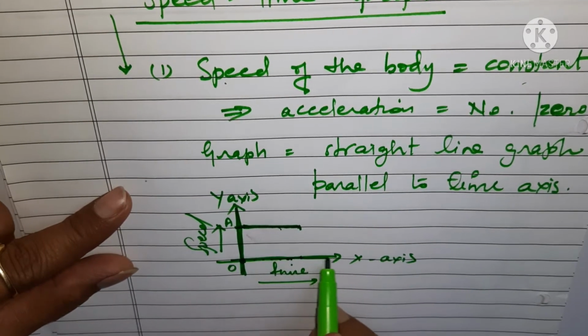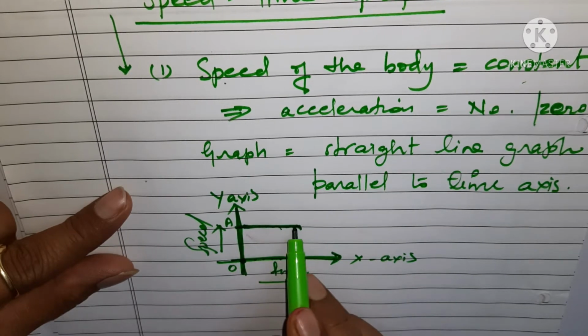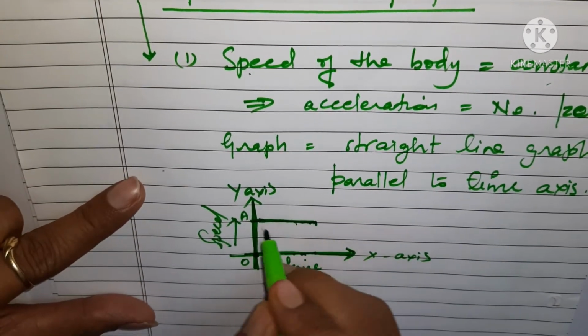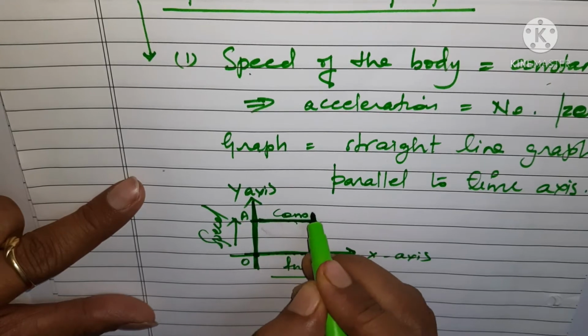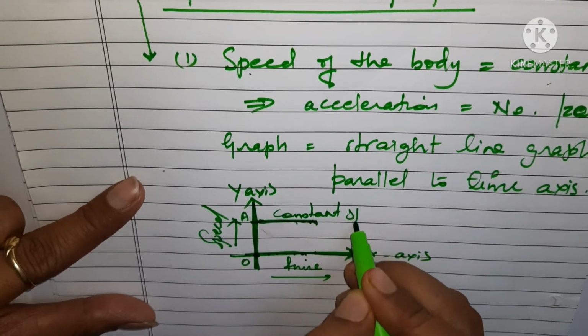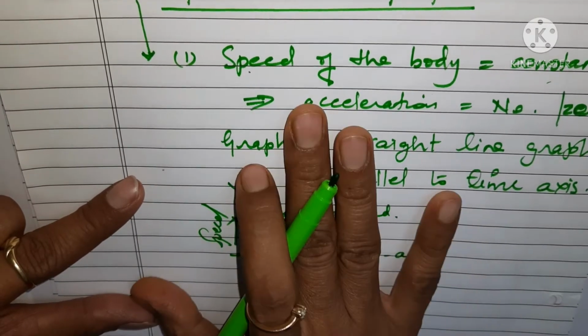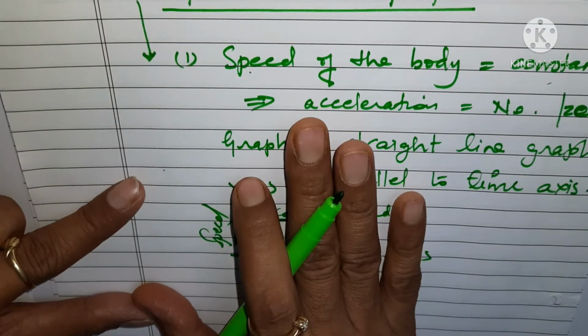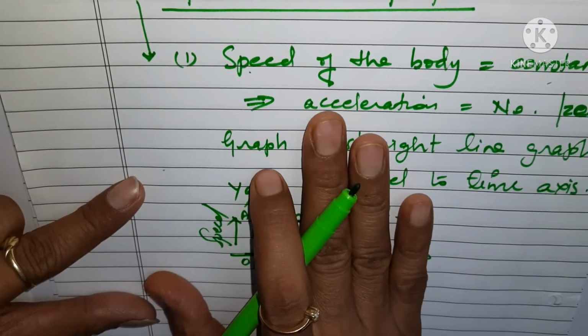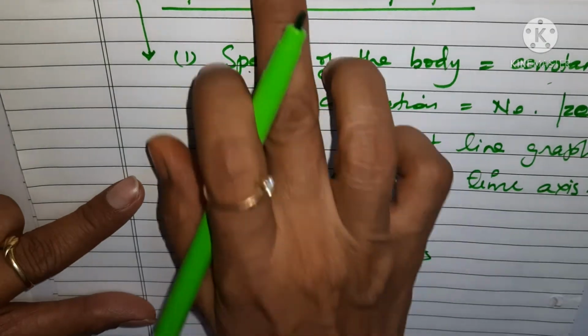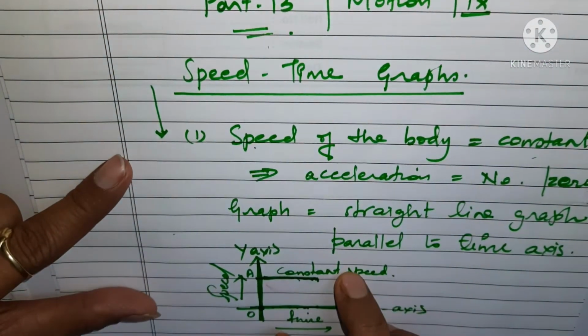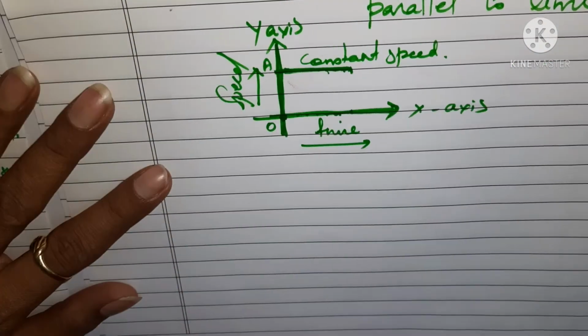This shows constant speed. We'll discuss this with more explanation in the coming part, 13.1.